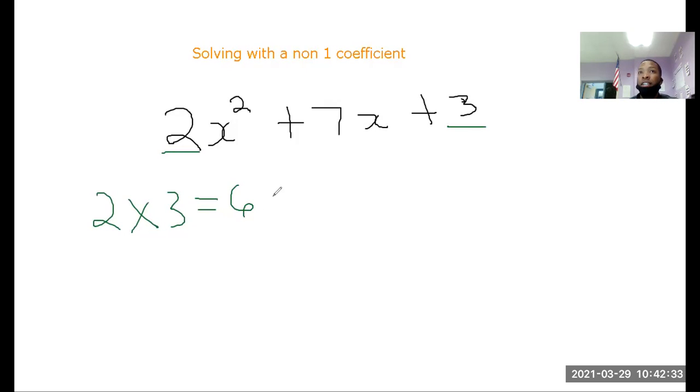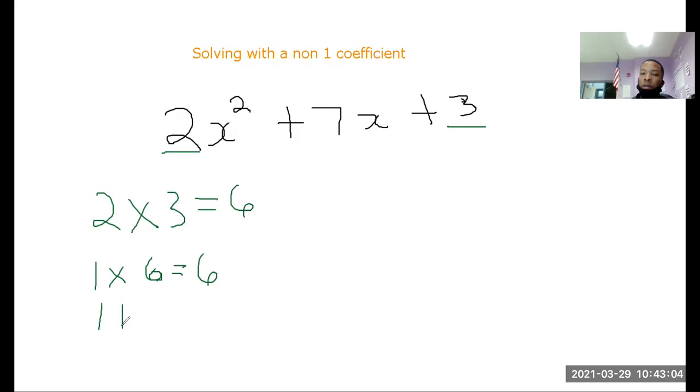Now my job is to figure out what two numbers I can multiply and get 6, but add them and get 7. 1 and 6. 1 times 6 gives us the 6.